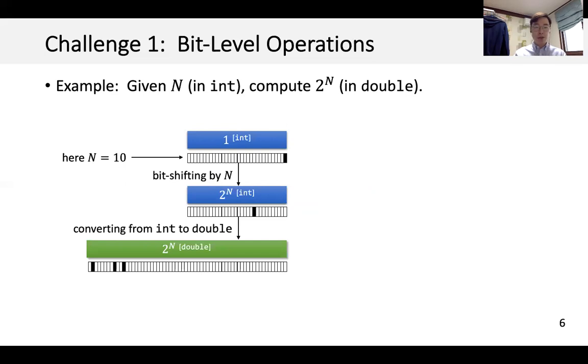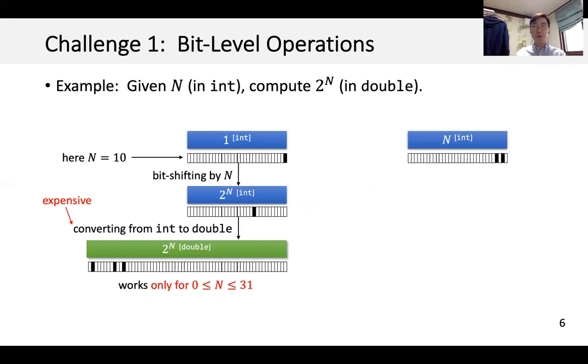However, this approach has two main problems. First, the conversion operation is computationally expensive, and more importantly, this approach works only for a small range of inputs. And actually, there is a more efficient and scalable way to solve this problem.